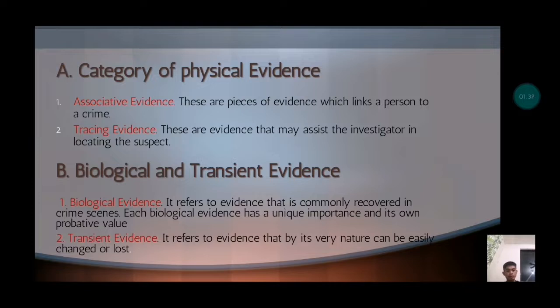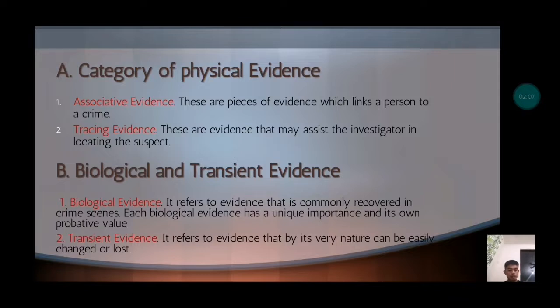Next, under B, biological and transient evidence. Number one is biological evidence. It refers to evidence that is commonly recovered at a crime scene. Each biological evidence has a unique importance and its own probative value. It is evidence that can be tested through DNA mapping and other profiling methods.